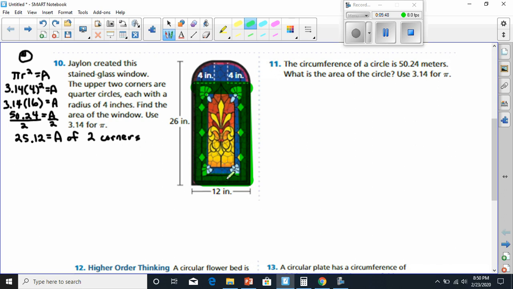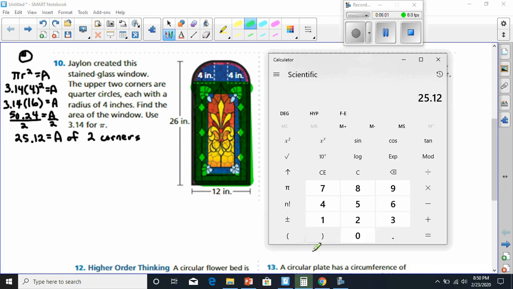and I realize that it's 12, but it's not 26, because this quarter up here is 4 inches. So I'll have to take 26 minus 4. That's going to give me 22. So now I got to take 22 and multiply it to 12 to find this. Well, 22 times 12 is 264.